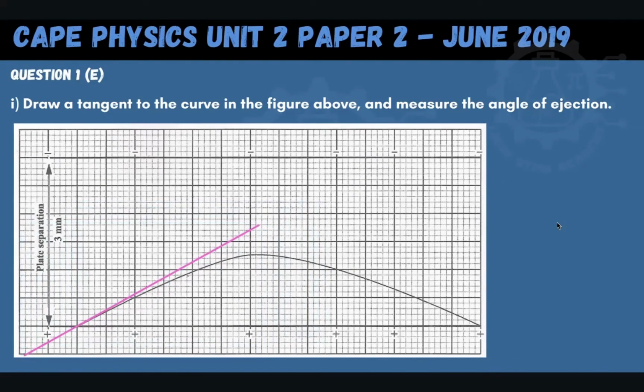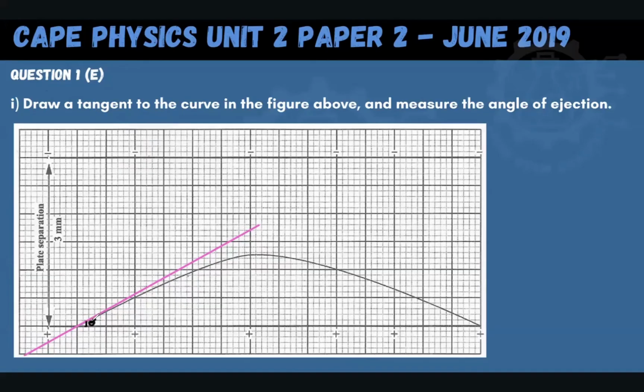I drew my tangent to the initial part of the curve because I knew we'd be asked to measure the angle of ejection. The angle of ejection we said earlier would be this angle right here, the angle at which that electron is shooting off. So we could just put theta there. That's what we're being asked to measure.